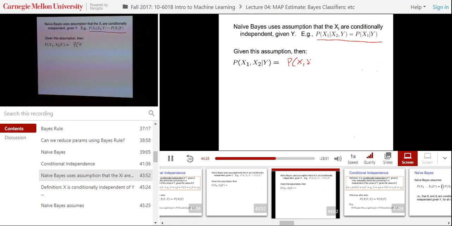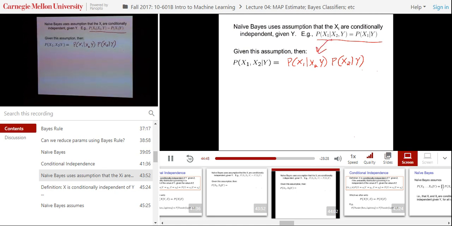P of x1, x2 given y equals the probability of x1 given x2 and y times the probability of x2 given y.